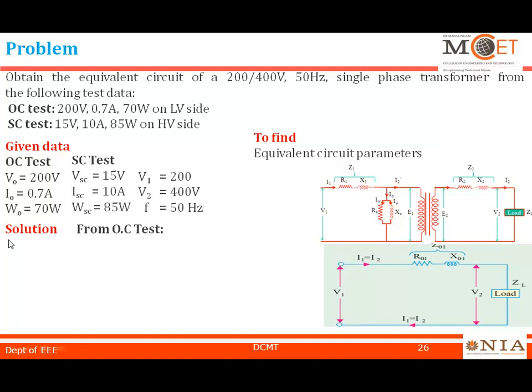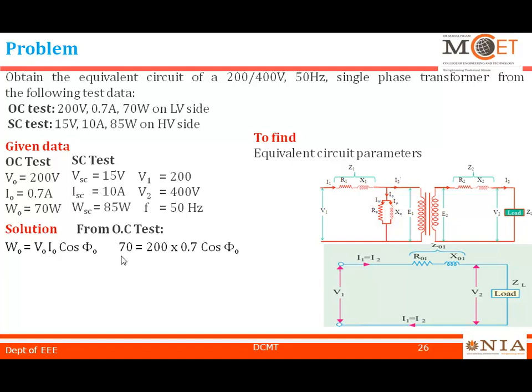So, first, the solution. From the open circuit test, we are going to find the no load parameters. The no load parameters are I mu and IW, and from them you are going to find the values of X0 and R0. W0 is equal to V0 I0 cos theta naught. W0 is 70, V0 is 200 volts, I0 is 0.7, and from this you are going to find the power factor.